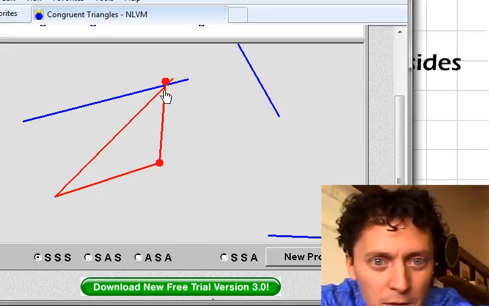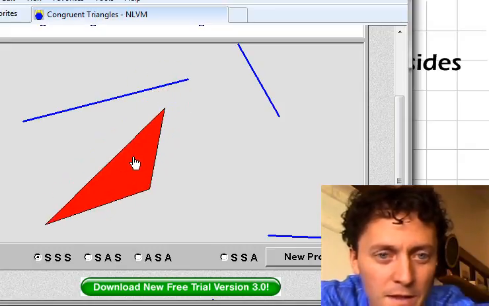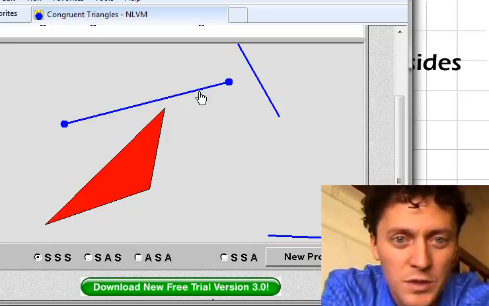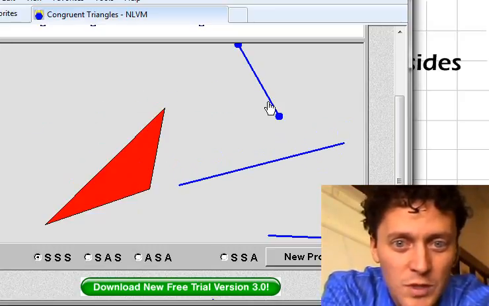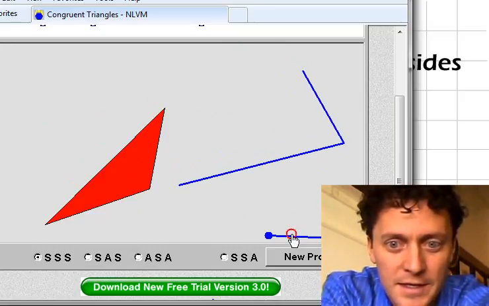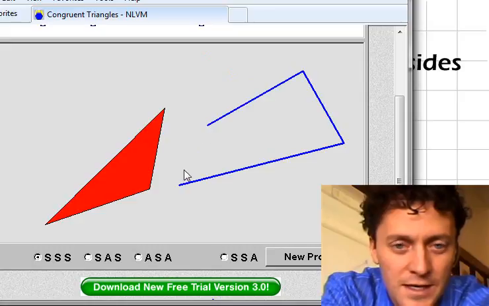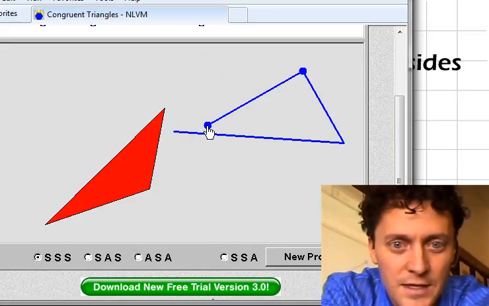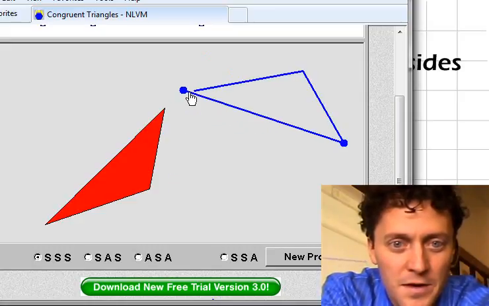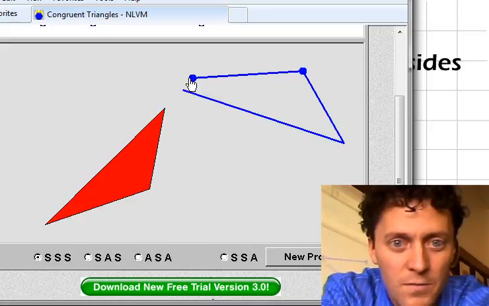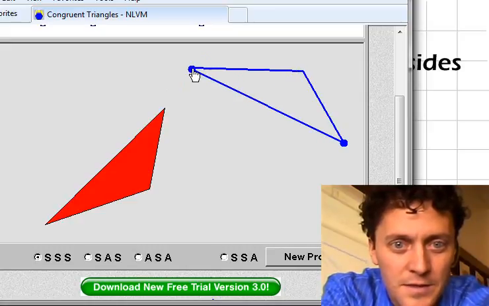Getting there, almost. Okay. That's 1. Now the lines in blue are the exact same lengths. These 3 sides are the exact same length as the 3 sides from the other red lines. This is kind of tricky.